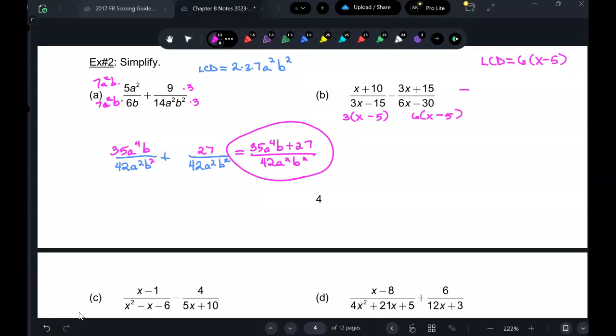So in the denominator, I'm going to have 6 times x minus 5. So we look at what am I missing? I have to multiply the top and the bottom by just 2.